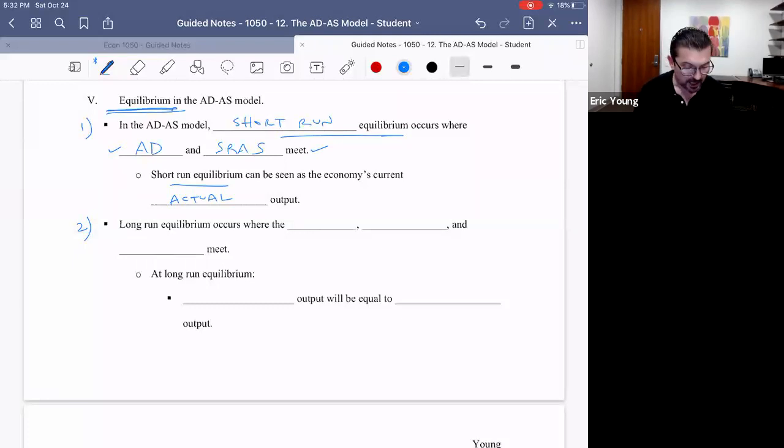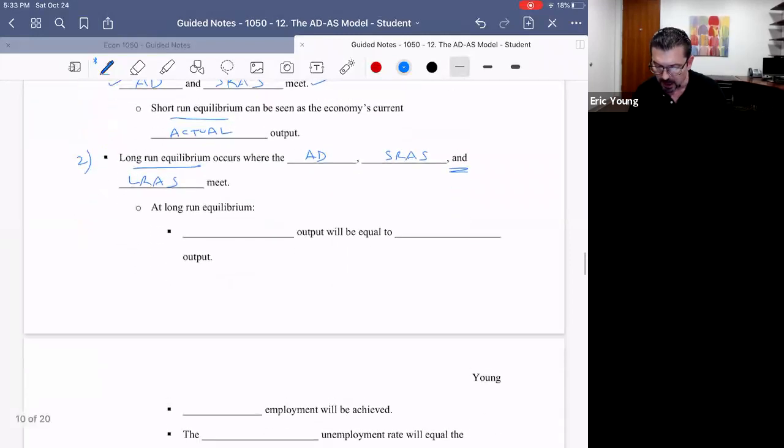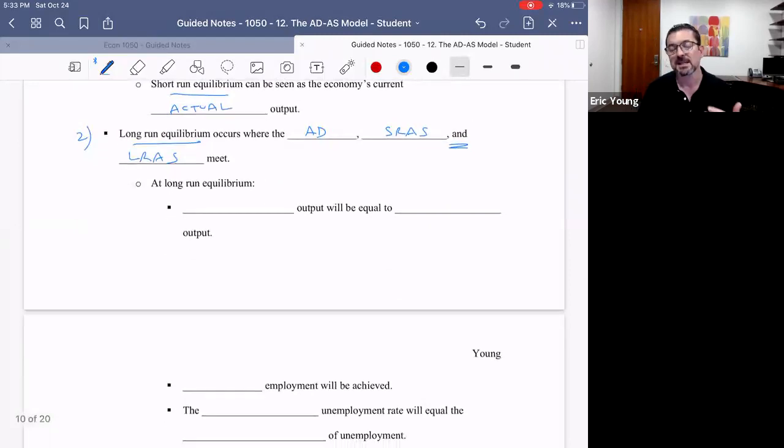On the other hand, our second equilibrium is long-run equilibrium. Long-run equilibrium in this model occurs where the AD, the SRAS, and the LRAS come together. Another way to see it, it takes the short-run equilibrium and asks, is this short-run equilibrium on the LRAS curve?